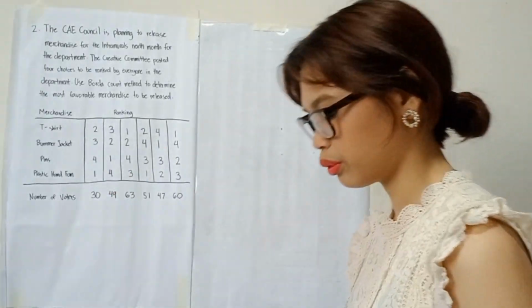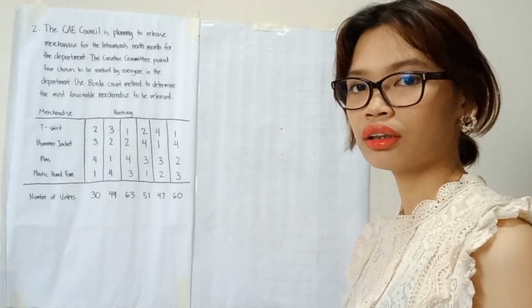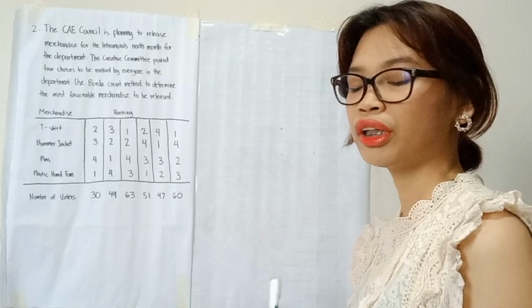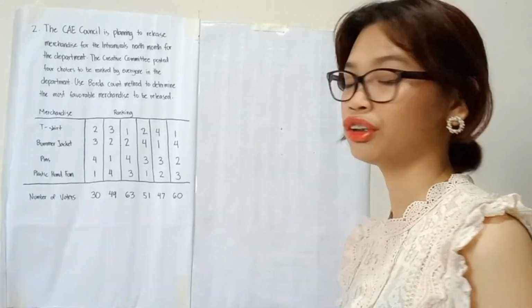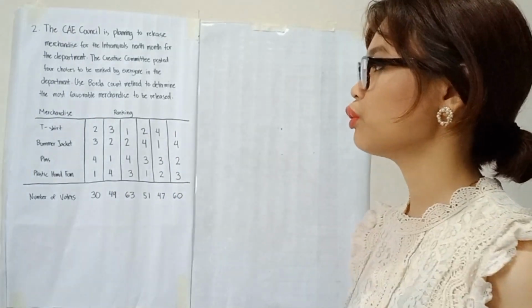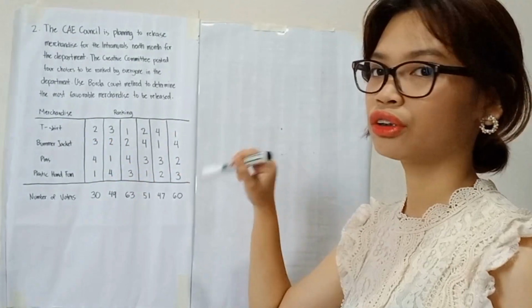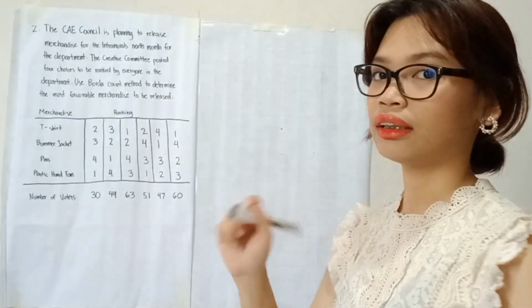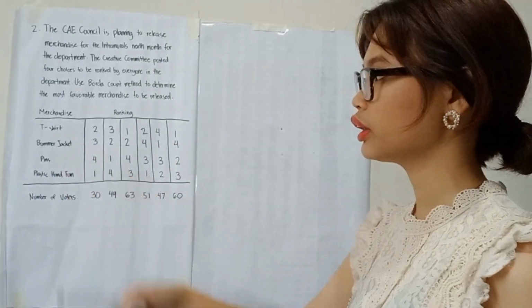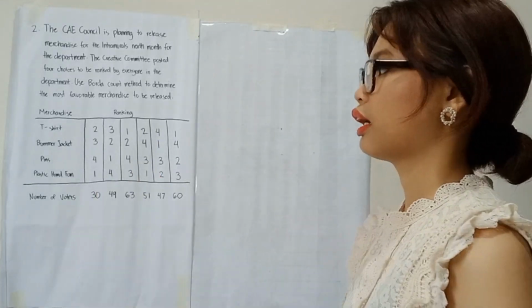It's okay if there are double winners, since it's favorable merchandises. So we have here the 4 merchandises to be ranked, or 4 candidates: the t-shirt, the bomber jacket, the pins, and the plastic hand fan.